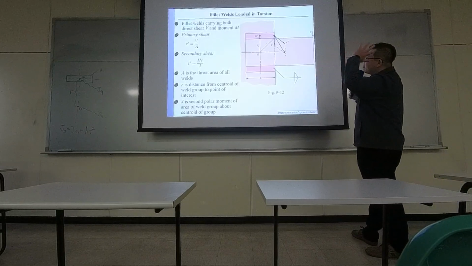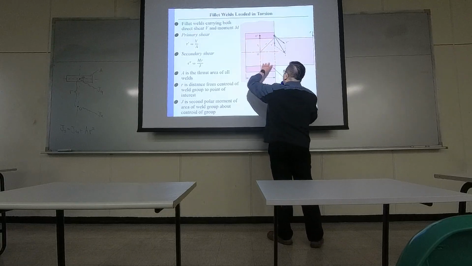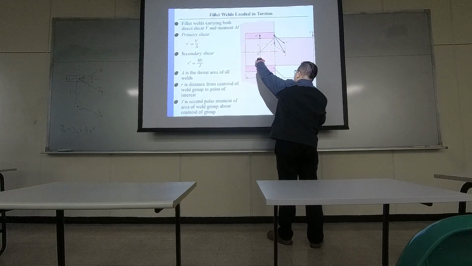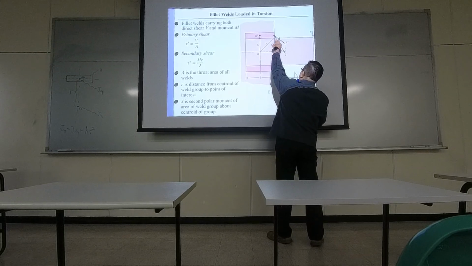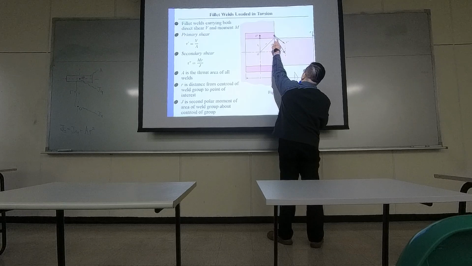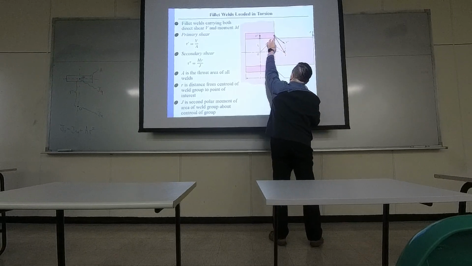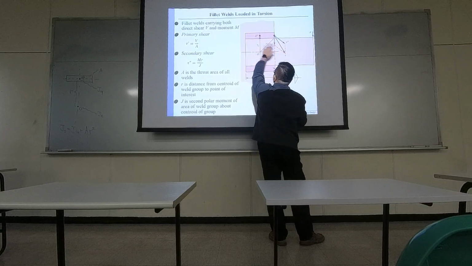So from this viewpoint, you realize everywhere inside the welding material is going to have exactly the same shearing stress coming down, but there's going to be a perpendicular shear pointing toward different directions everywhere.